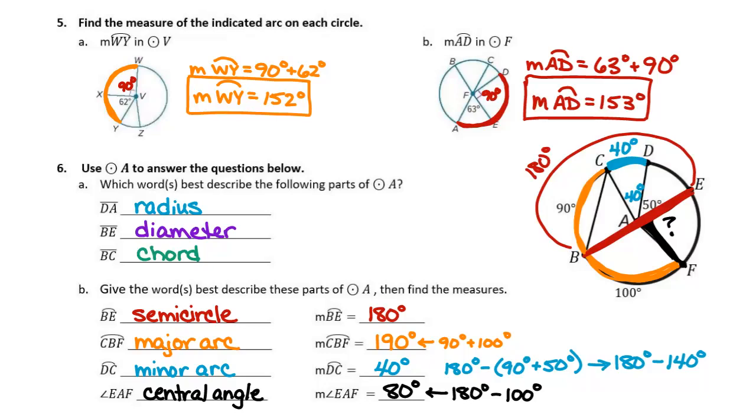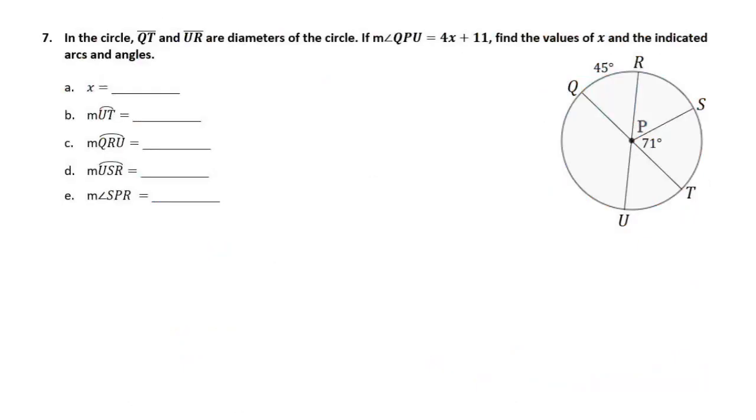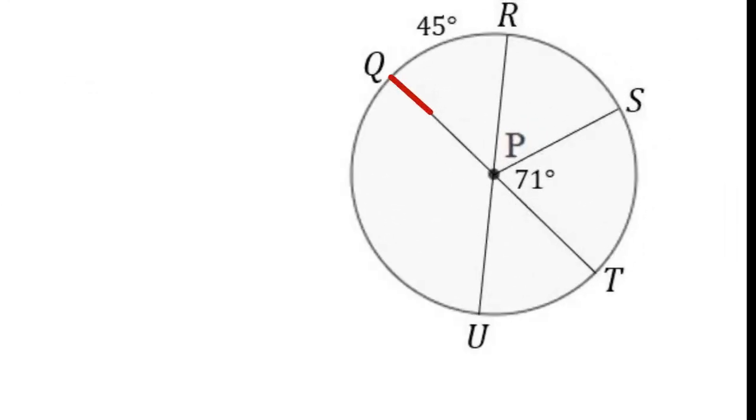Let's look at number 7. In the circle, QT and UR are both diameters. So QT is dividing my circle into two sections of 180 each.